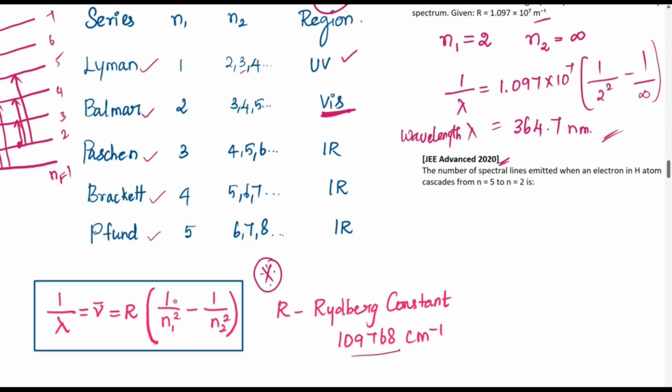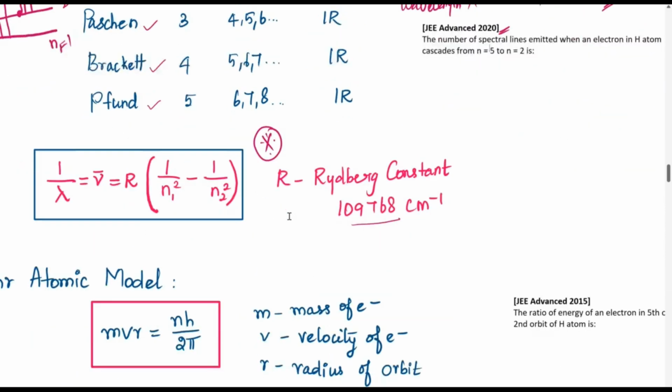Okay, so here you can see the number of spectral lines emitted when an electron in a hydrogen atom cascades from n equal to 5 state to n equal to 2. It is an emission spectrum, right? So n equal to 5 state to n equal to 2. So how can we solve this? For that we need to understand the emission spectrum, right?